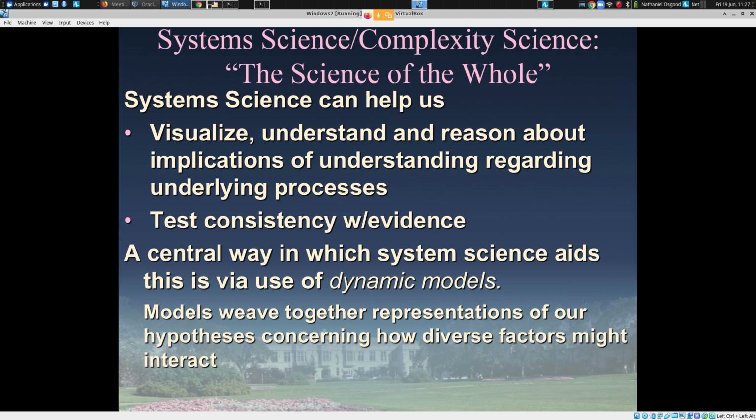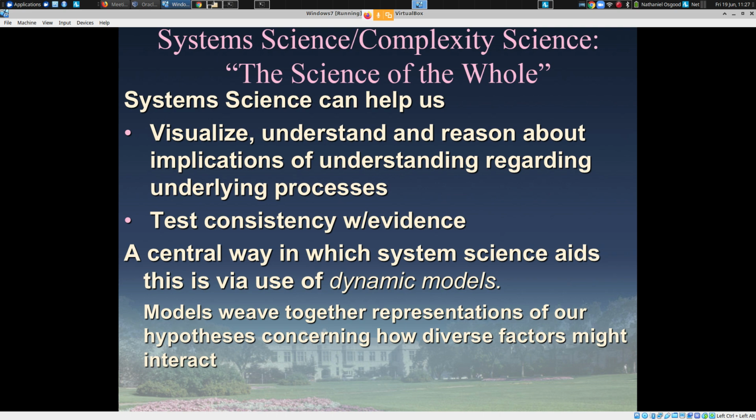Now, system science and complexity science have many tools. And in our lab, our computational epidemiology public health informatics lab, we actually make use of a variety of these tools. But today, we are speaking about dynamic models, a particular type of tool. And those are actually the most prominent, and I would argue the most influential of these tools.